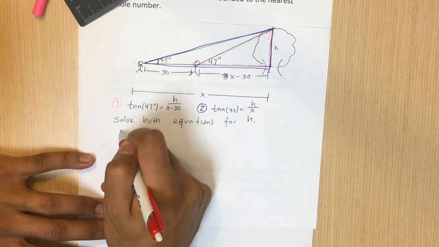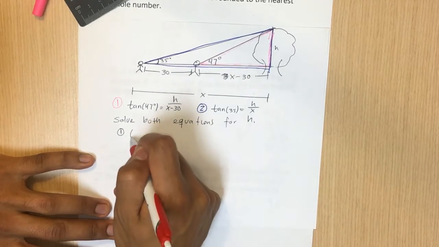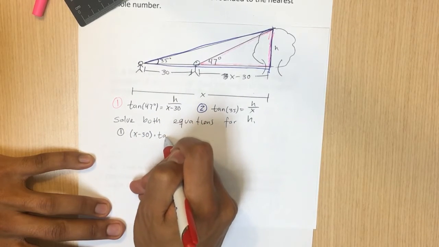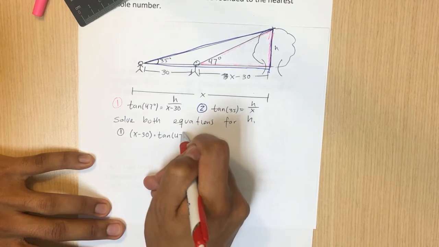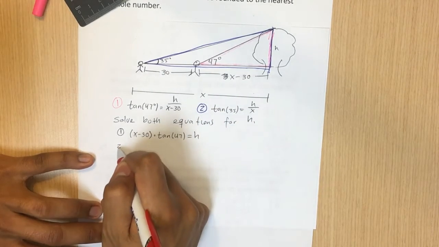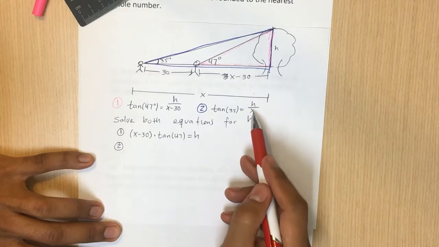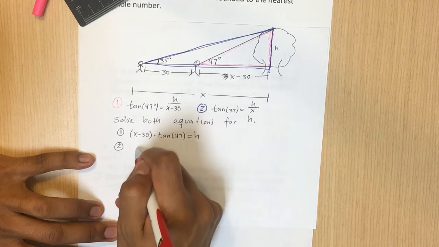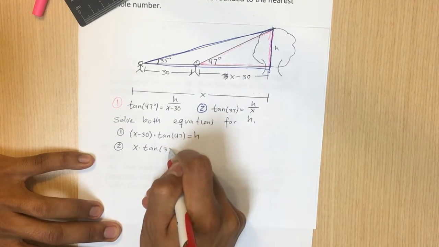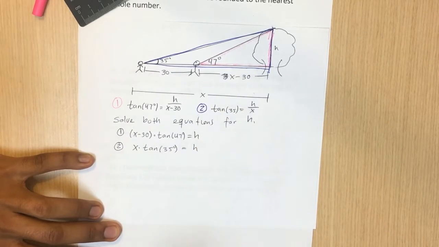Okay, so that means that number one here is going to be x minus 30 times tangent of 47 equals h. And then the second equation, this one right here, we multiply the x to the other side, and we have x times tangent of 35 degrees, and that equals h.